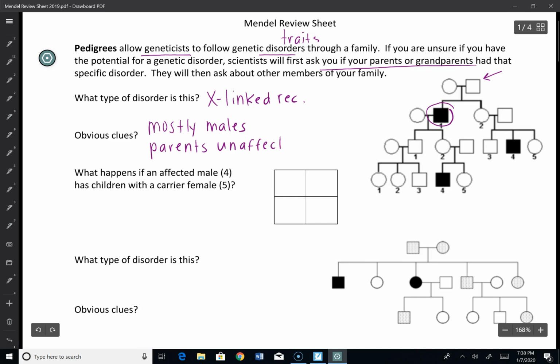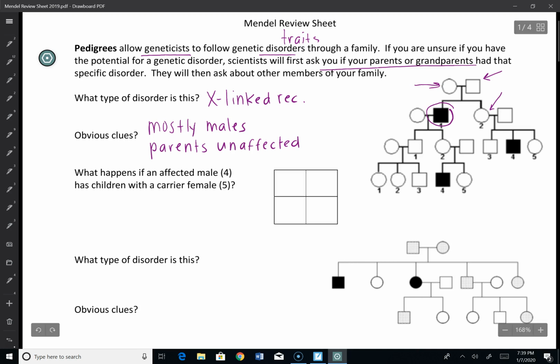I'll explain that in 1 second. So you can see here, and I already have an arrow, that the mother and the father that started this pedigree are white. So in this case, that means they do not have whatever the disorder is. This girl here, which is their daughter, also does not have the disorder, but their son does.